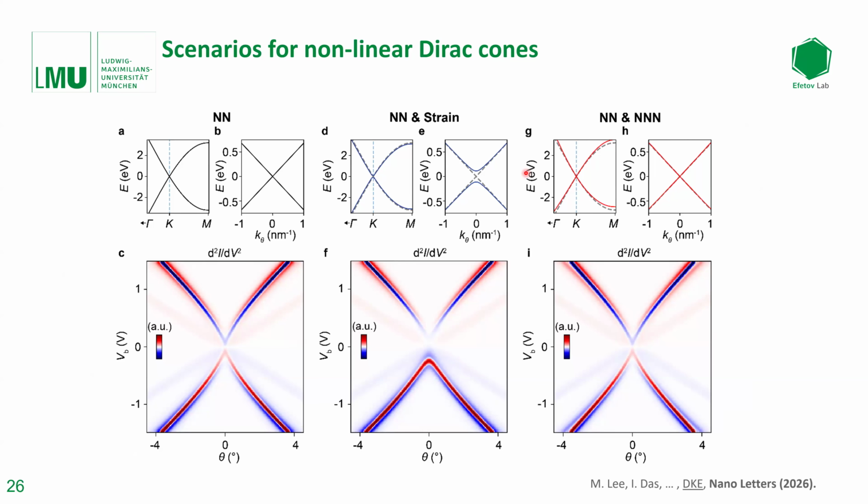Okay, and so when we were thinking about potential sources of nonlinearity with our theory colleagues from the Bernadette group, in particular Jonah was helping us to analyze this. We started modeling all the different scenarios, and the first scenario was to see whether a nearest neighbor hopping model for the graphene band structure would produce some of these signatures, because as you know, the graphene band structure is only linear very close to the K point, but at elevated energies, it already develops some nonlinearities, right?